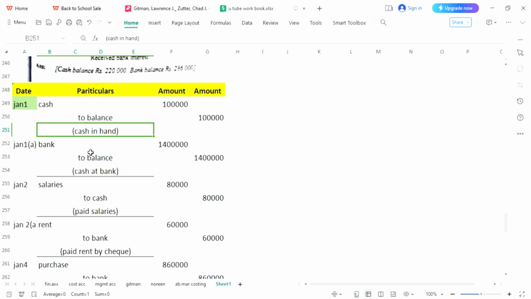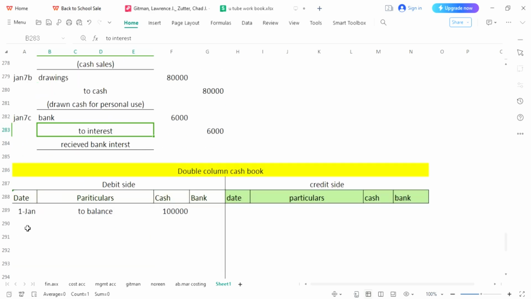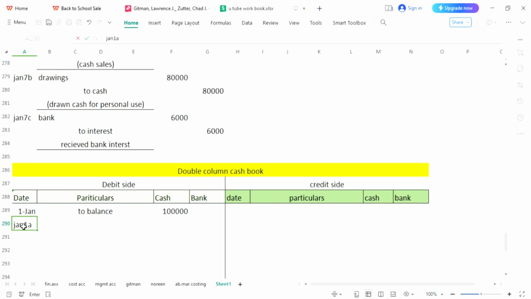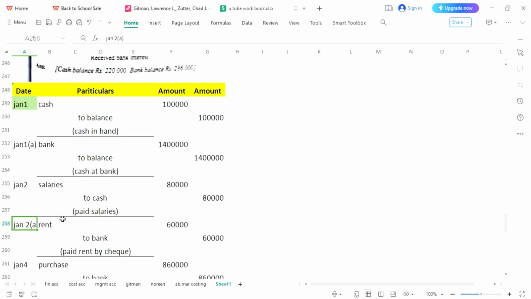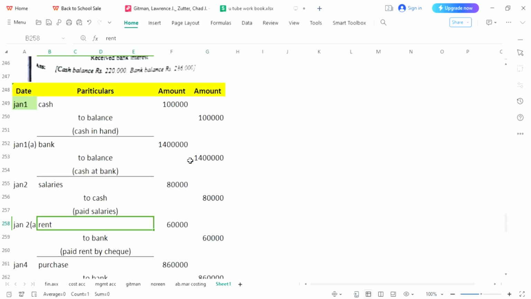Now the next entry is January 1A and bank is debited. So you will again choose the debit side, January 1A, and at this place bank is debited 14 lakh. You will go to the bank column and write 14 lakh. And what is written on the opposite side?